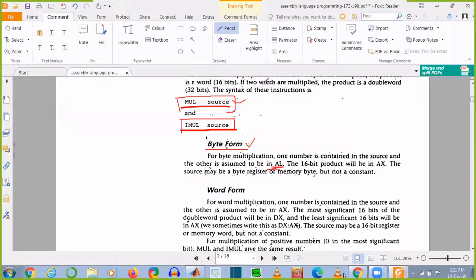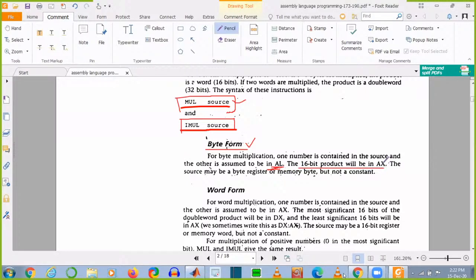For multiplication, signed or unsigned, in both cases we don't write a destination. For multiplication you need at least two values, the multiplicand and the multiplier. One value will be in the source and the other is assumed to be in AL, and the 16-bit product will be in AX.